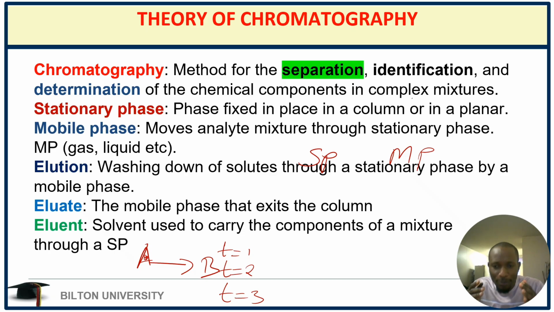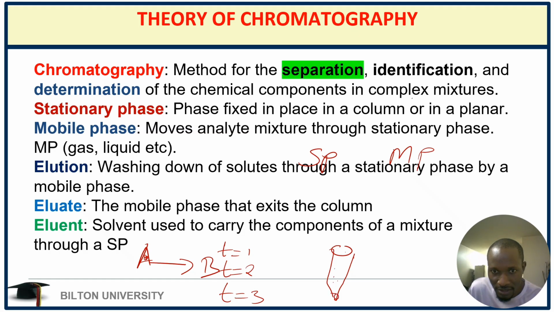Now, the process in which the mobile phase carries components of a mixture from one point to another is what we call elution. So elution is the washing away or washing down of components of a mixture from one point to another. If I was to draw, for example, a column, let's say this is our column chromatography, and here is the point.